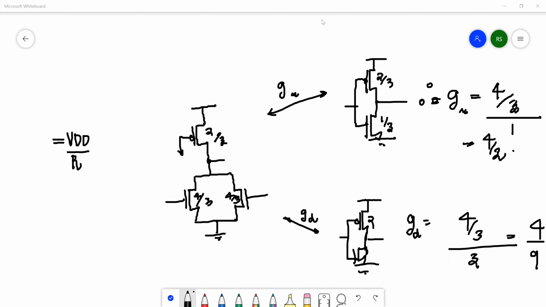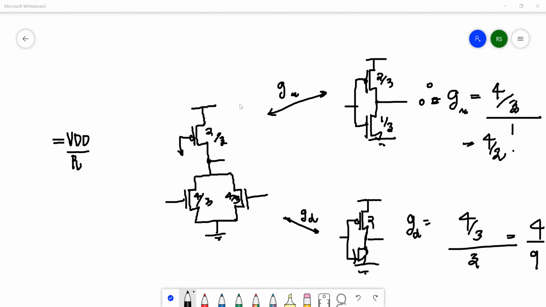GU part. So just like in the skewed gates, you look at the rising transition. What is the size of the network for the rising transition? It is 2 by 3. So you put that directly, 2 by 3. And if you look at the equivalent inverter for any static CMOS inverter, the NMOS size should be half of the PMOS size. So 2 by 3 is the size of PMOS, means NMOS should be half of that, which is 1 by 3.